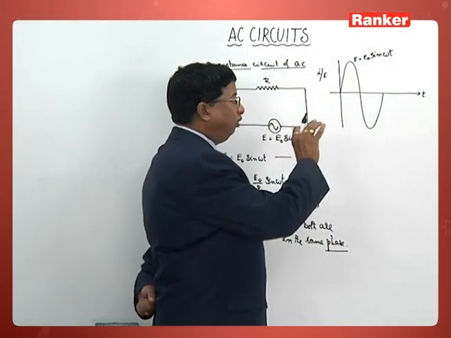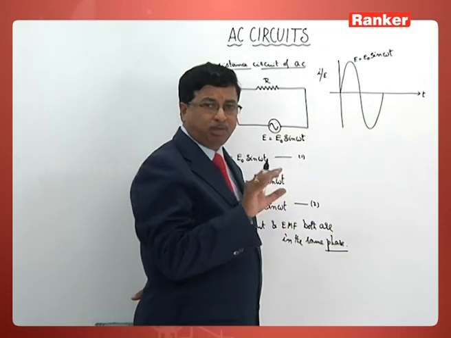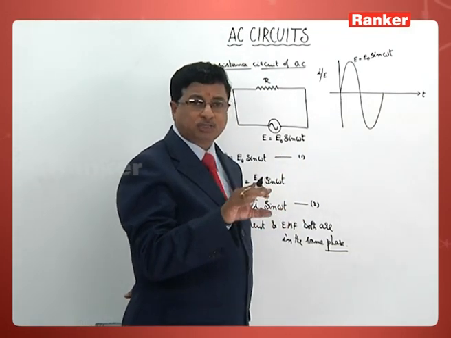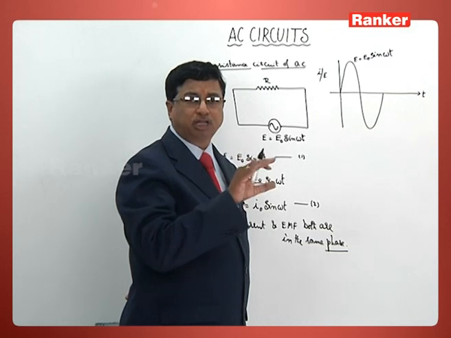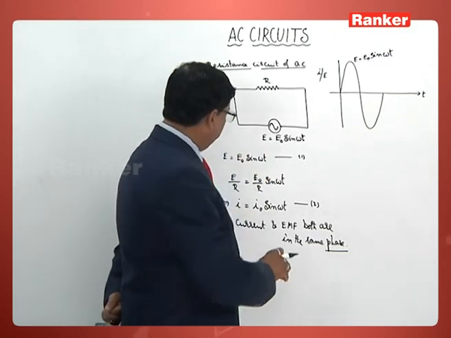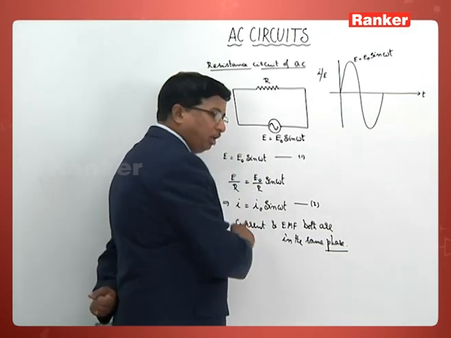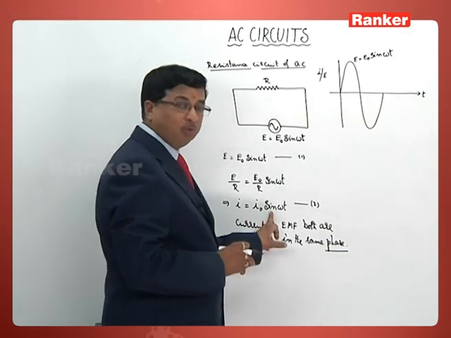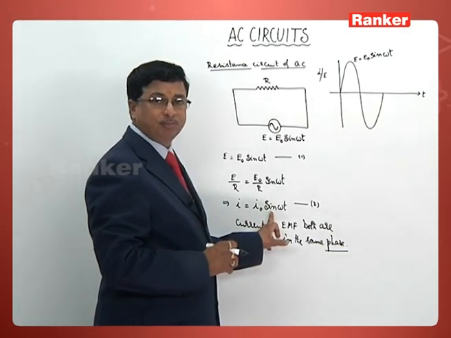That particular wave represents the EMF, in terms of the peak value of alternating EMF as well. Whereas when we consider the second equation, this also is a sinusoidal wave equation.